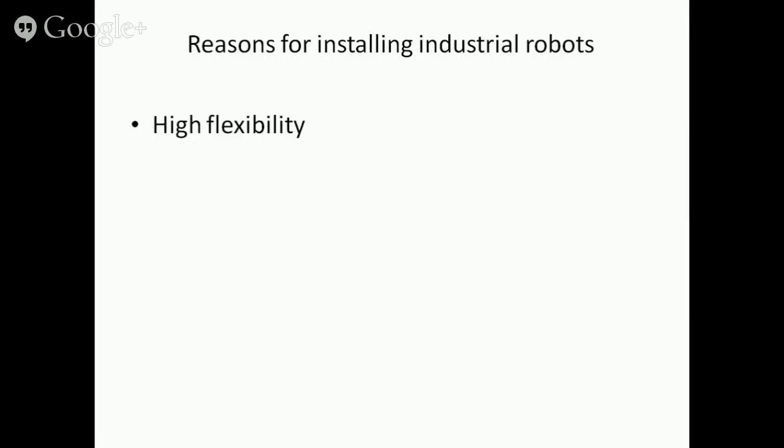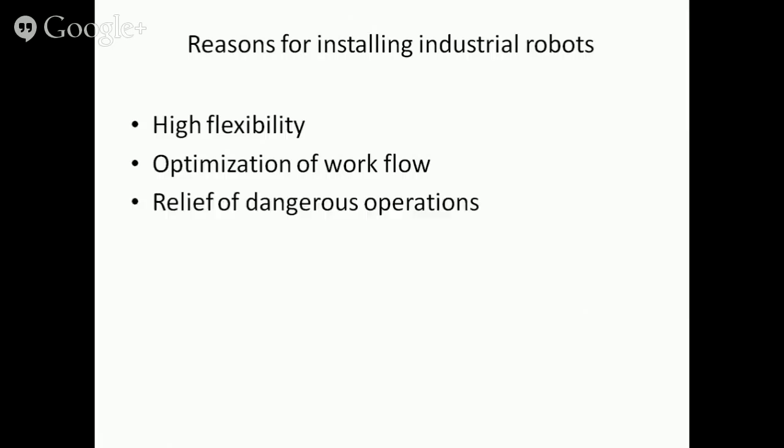The reasons for installing industrial robots, there is quite a number of them. The high flexibility of the production which can be achieved. Optimized workflow. For humans, the relief of dangerous operations.